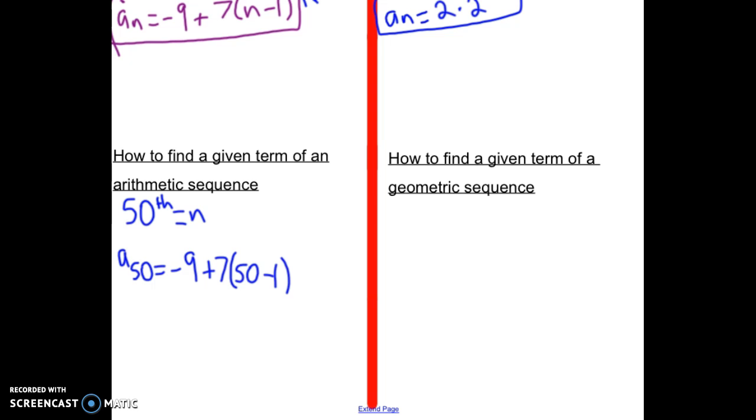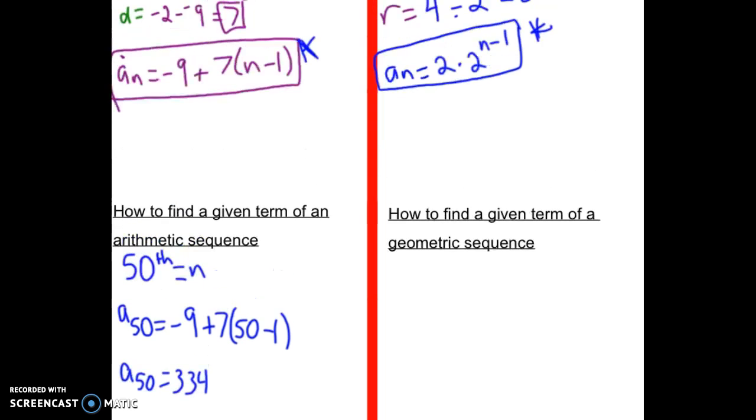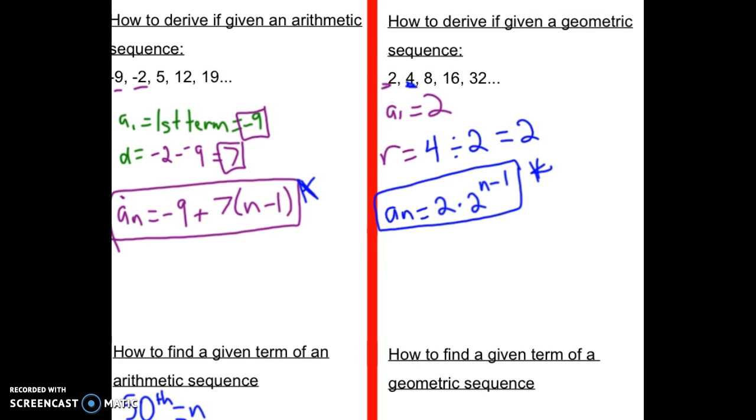So I have the 50th term, a sub 50, is 334. Meaning, if I go back up to my original sequence, the 50th term is 334.